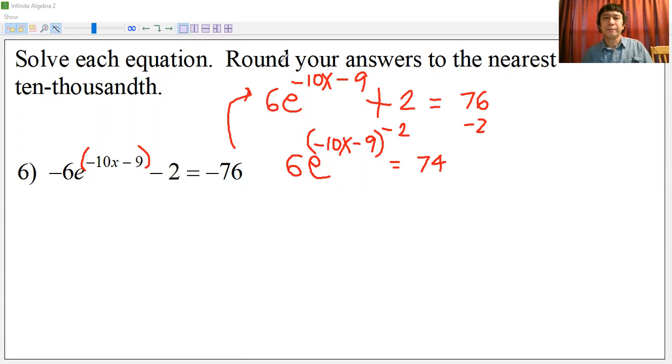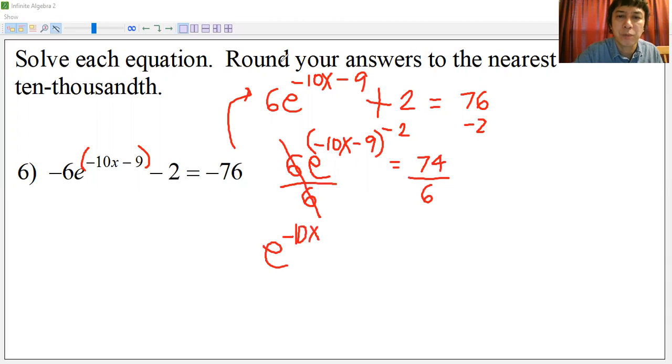There. So next step is divide by 6 on both sides. And this 6 cancels out. The left side becomes e to the negative 10x minus 9.